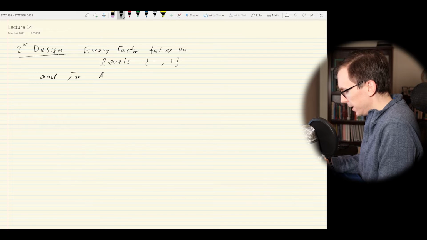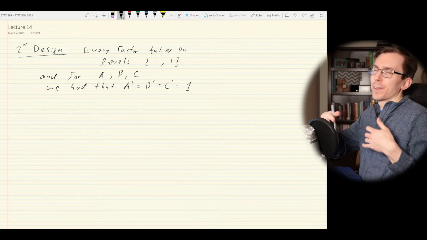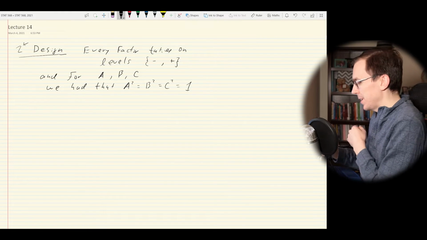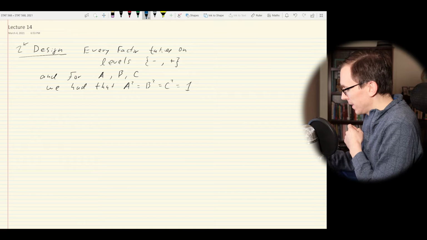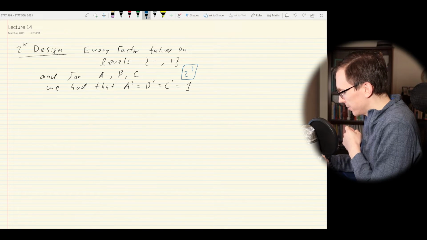And for, let's say, A, B, and C, we had that A squared is equal to B squared is equal to C squared is equal to 1. This would be for 3 different binary factors if we had, say, a 2 to the 3 design.